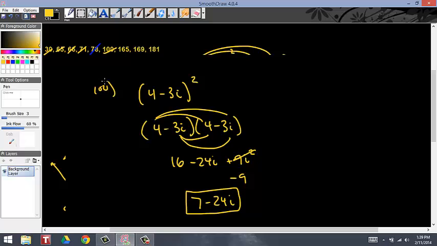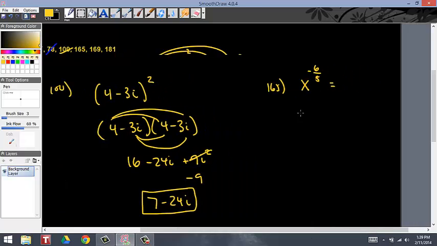165. X to the negative 6/5 power. That is equal to 1 over x to the 6/5 power.